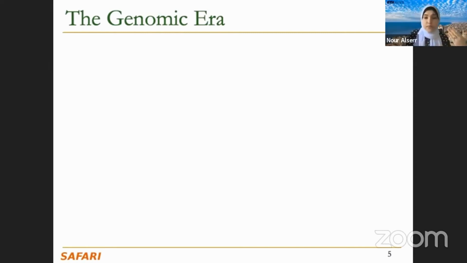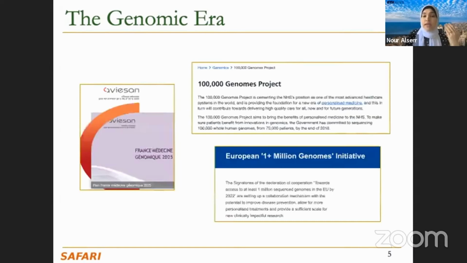Now, we have a lot of projects that consider the whole population for sequencing their genomic data and studying it, and this data is a rich trove. You can imagine how much power it can give to scientific advances, right?